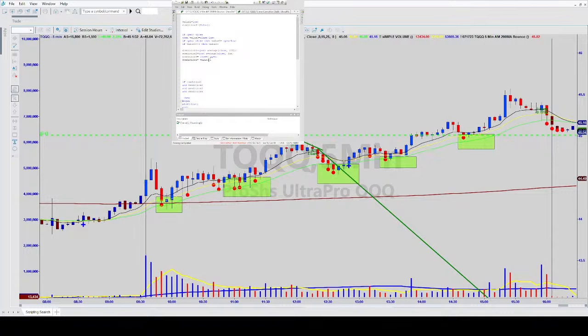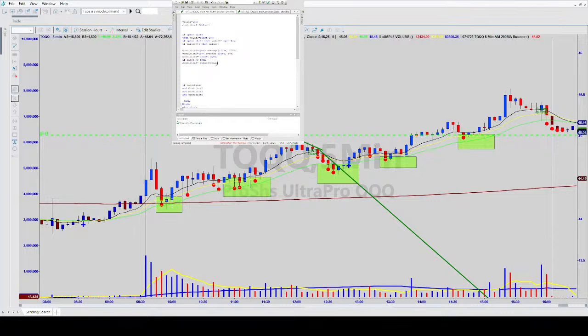Oh, that was a problem. Over the range again. So I just did a whole bunch of stuff for nothing. All right. If range is not equal to 0, then condition 4 equals value 3 over range.